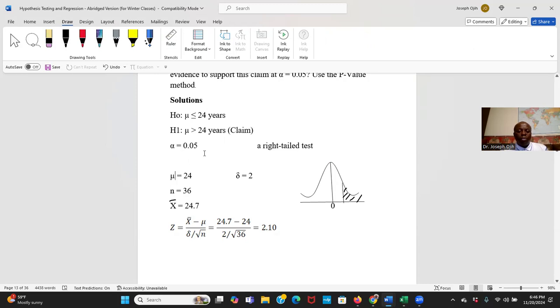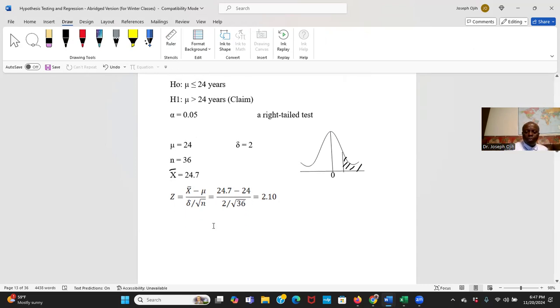Our alpha is given. Now let us find the p-value.